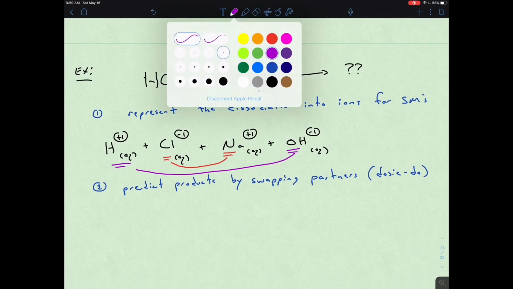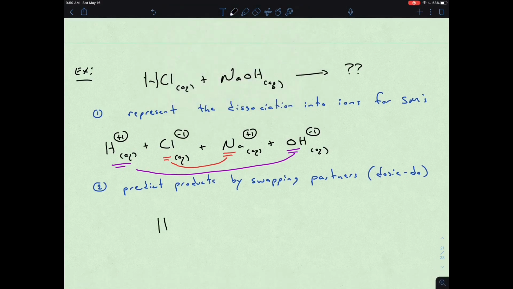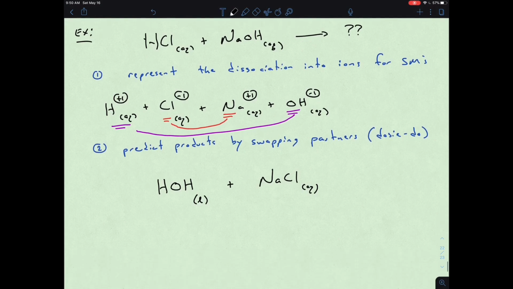So we would have HOH, I guess you could write, plus NaCl. And really, HOH, of course, is H2O, right? So I'm just trying to show you these ions actually coming together.